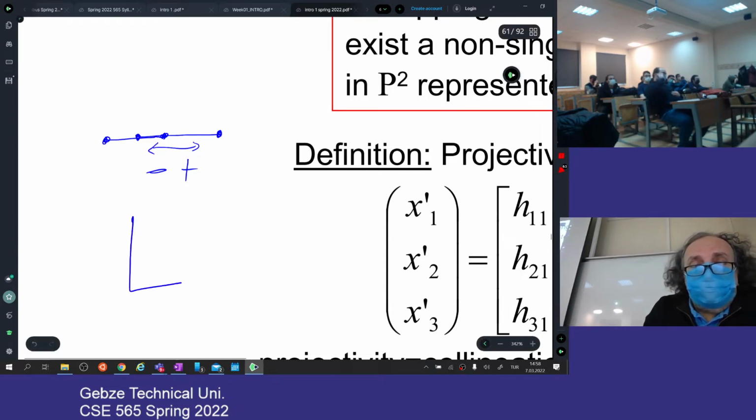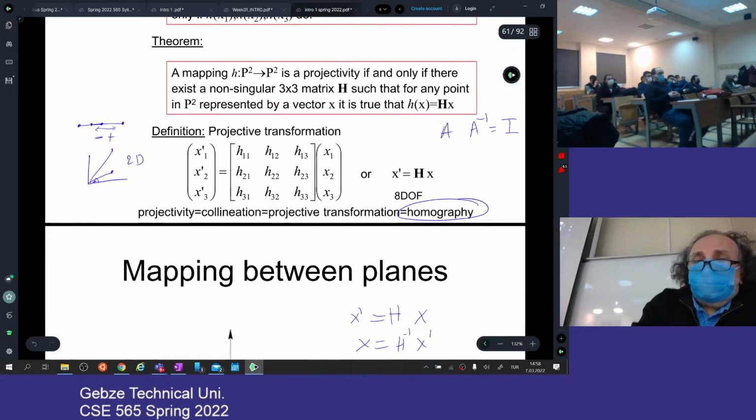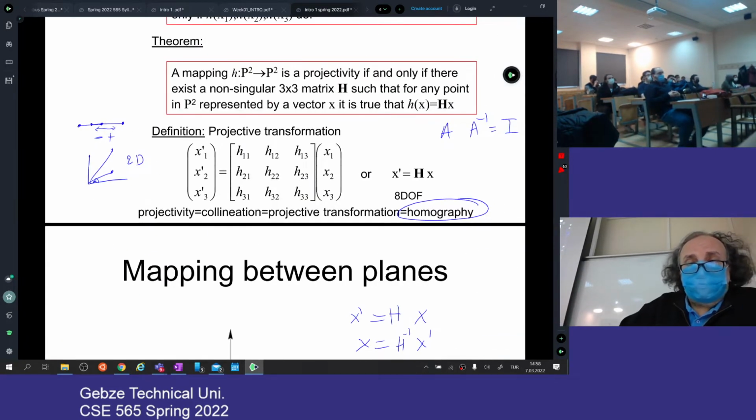But if I have 2 dimensions, I can make this point go anywhere, like make the string longer, shorter, or change this theta. I have 2 degrees of freedom, right? Here I am talking about 8 degrees of freedom, but I have 9 numbers. Can anybody tell me what's going on here?